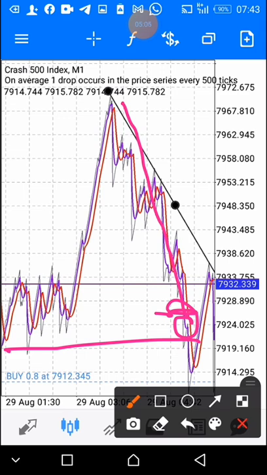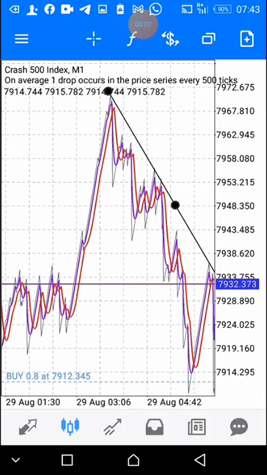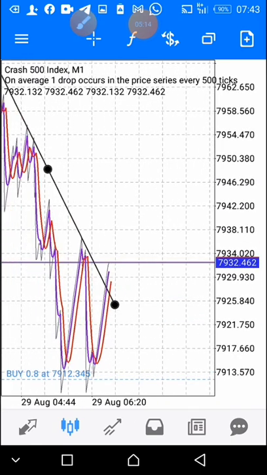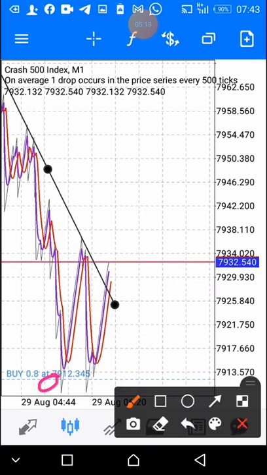You can see when it came to this support, it started spiking again. So I saw it earlier, and then it made this double bottom, and this double bottom is the reason I went beyond the indicator.